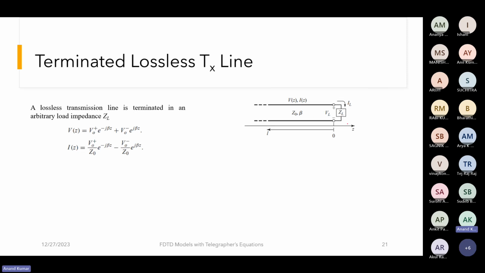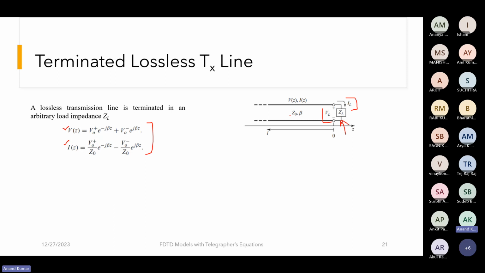Now what happens if this transmission line is terminated with a load? We have the expression for voltage and current across the transmission line from the wave solution to the wave equations. Now this is terminated by load ZL, the voltage across it is VL, and the current through the load is IL.